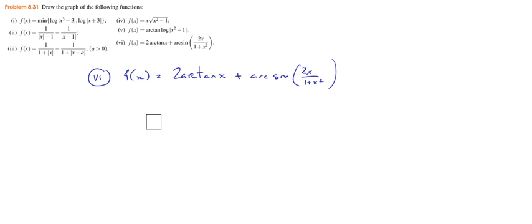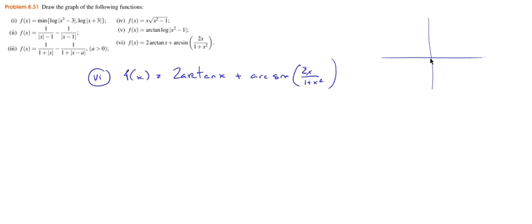Now, what happens with the derivative, for instance, of this? Obviously this function is going to have a zero at 0: the arctangent at 0 is 0, and the arcsine at 0 is 0 as well. So the zero of this function is at 0.